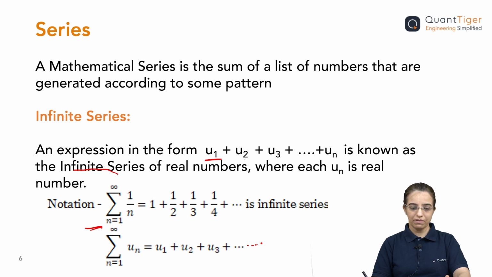For example, I have taken one series here: 1 plus 1/2 plus 1/3. As its value goes from 1 to infinity, because we don't know what the last term is, we just put the last as infinity, starting from 1 to infinity. It's just an example I have put here for an infinite series.